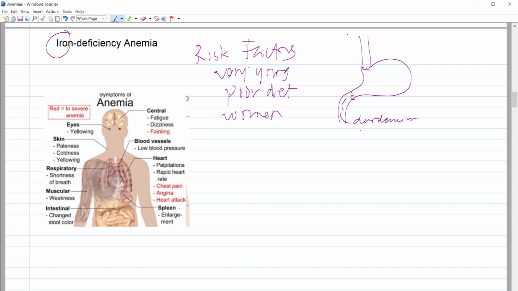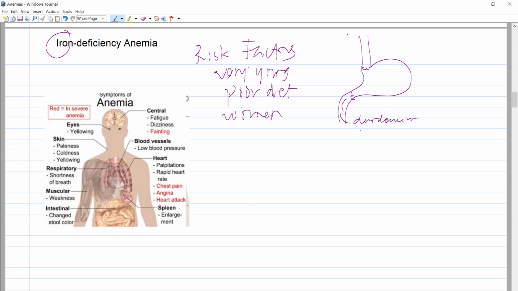So iron is absorbed there. So in short, any GI alteration, type of surgery, or any manipulation in the GI tract can affect iron levels. Remember that. And we will discuss the different GI disorders later on.